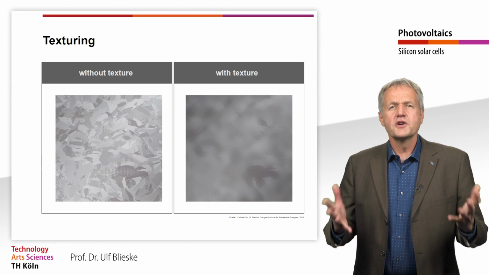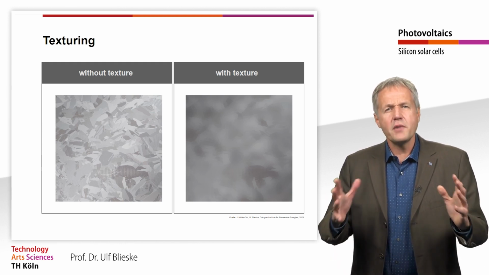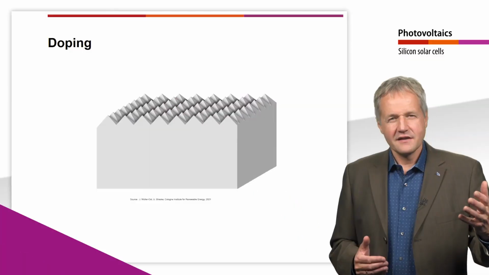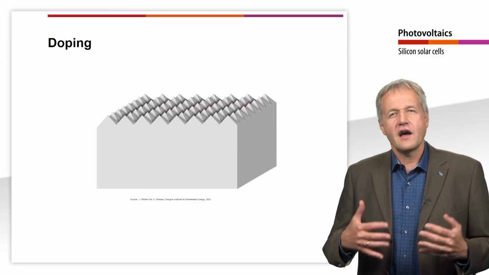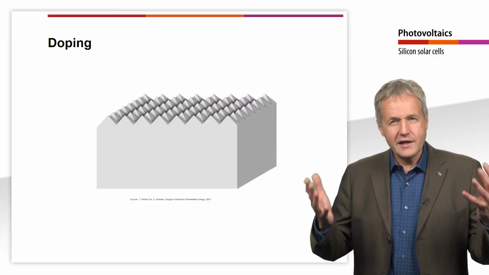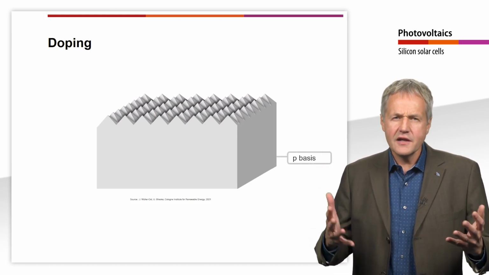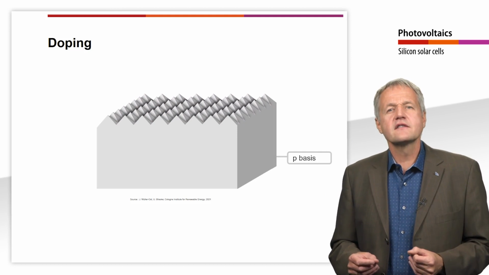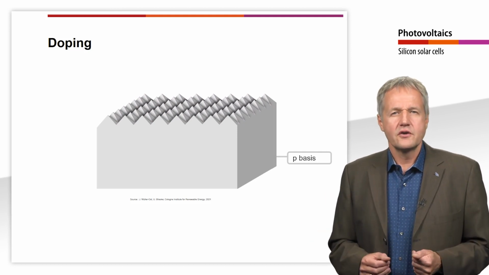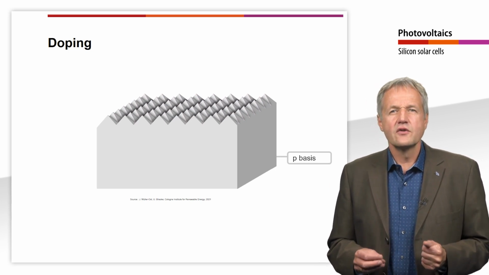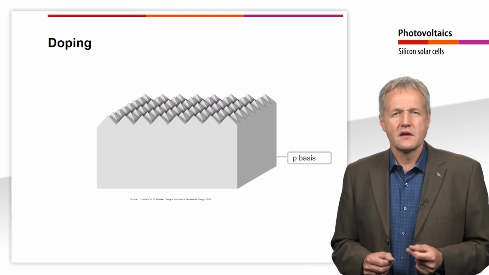In the case of multicrystalline wafers, the grain boundaries are now less clearly visible. These textured wafers are now usually made of weakly p-doped silicon. You remember, the silicon is already mixed with a dopant during crystal growth. Gallium is usually used for p-doping today.